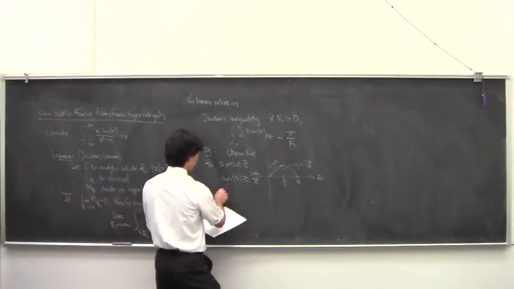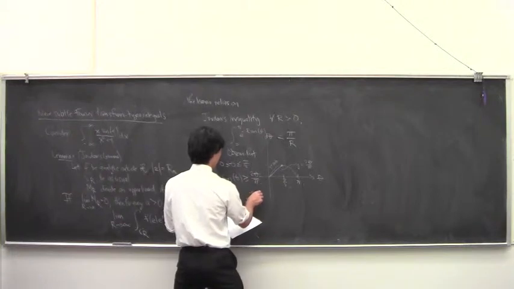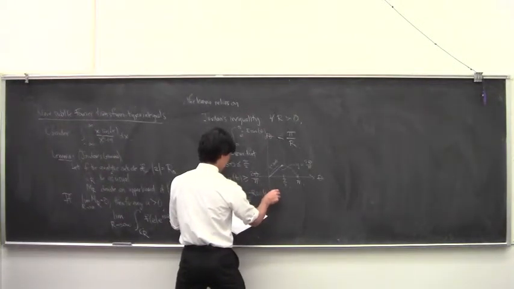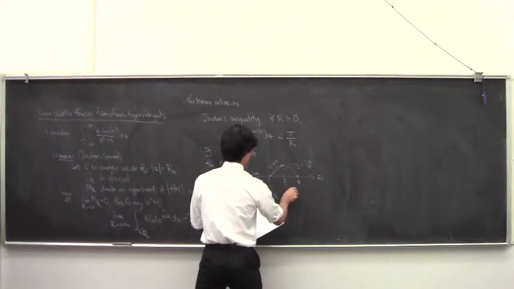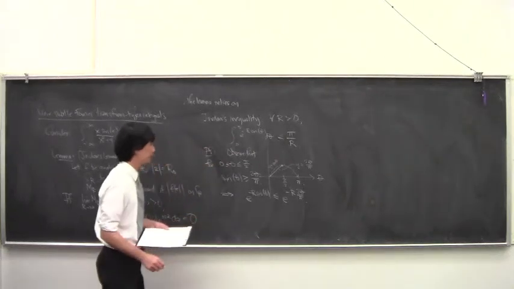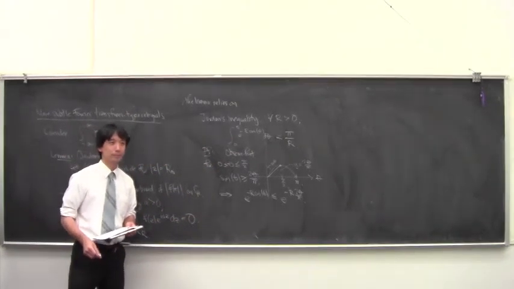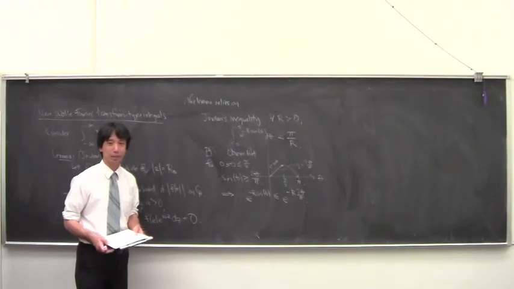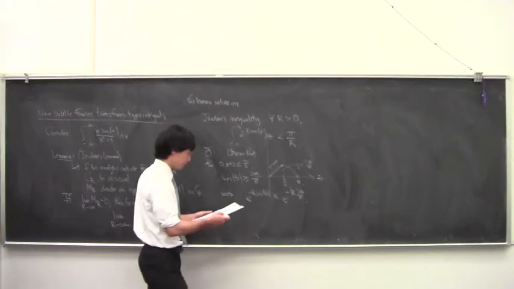Okay. So what does that give you? That gives you that e to the negative r sine theta is less than or equal to e to the negative r 2 theta over pi, because this exponential function is increasing, right?